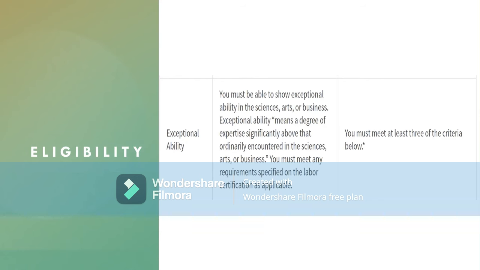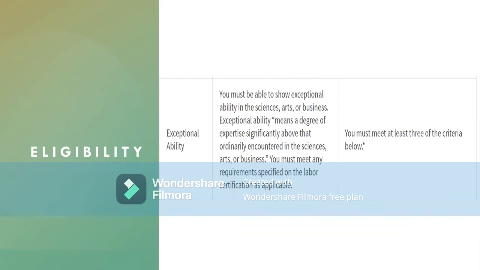You must meet any requirements specified on the labor certification, because the national interest waiver means they want to prove beyond reasoning that you should be exempt from the labor process of getting a kind of work visa.